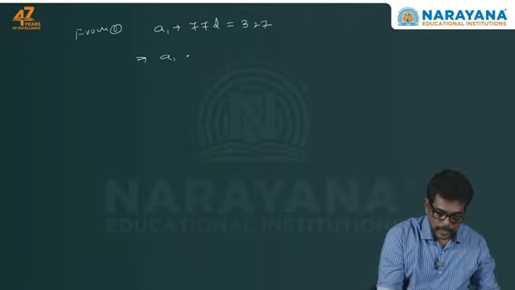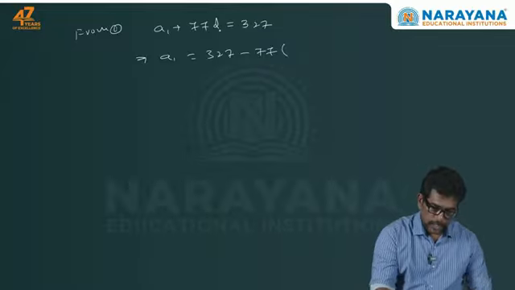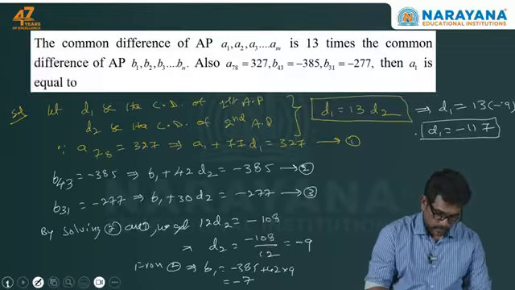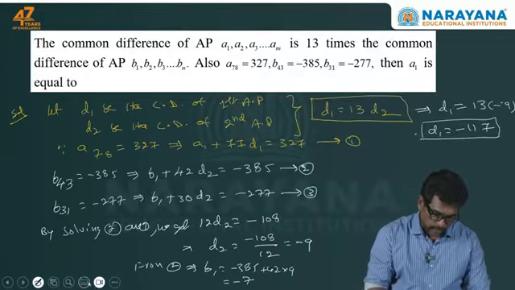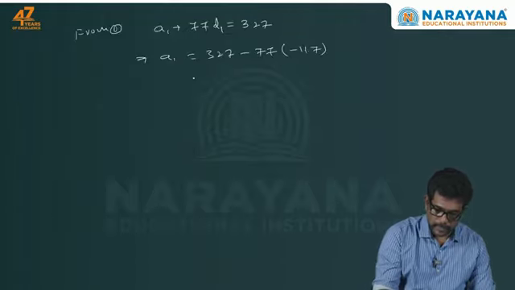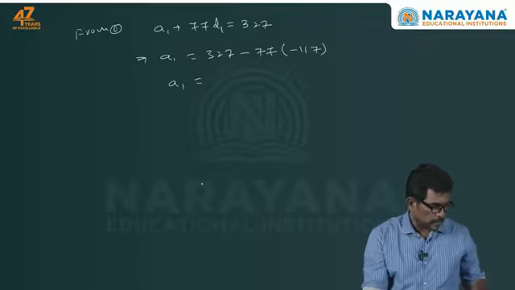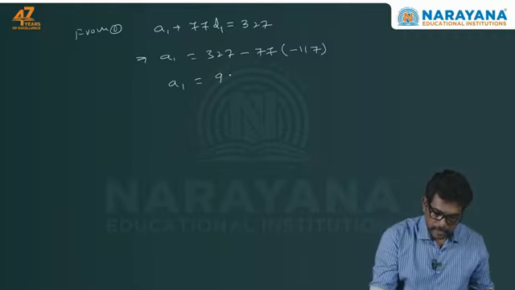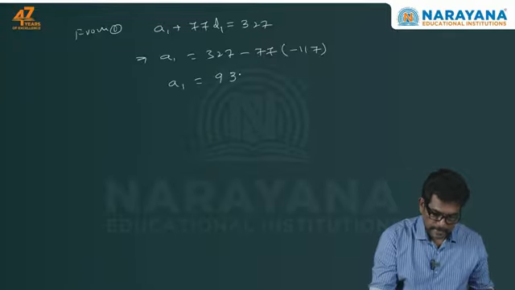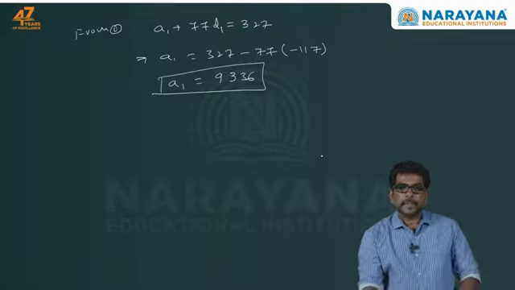Now from this, A1 is equal to 327 minus 77 into D1. We have the D1 value, D1 is equal to minus 117. Now you simplify, we get the A1 value. A1 is equal to, by simplifying this, 9336. It is the A1.